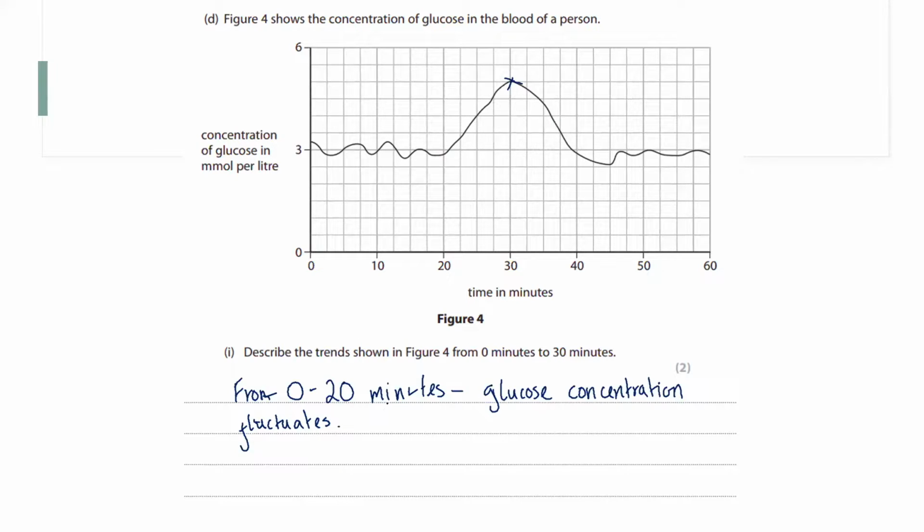From 20 to 30 minutes, blood glucose concentration increases sharply.